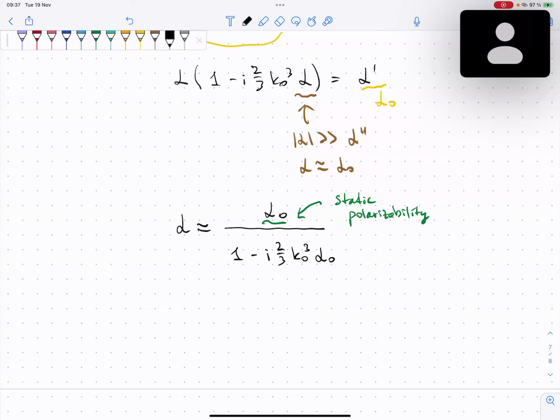And basically, we can actually get this expression from the Mie theory.